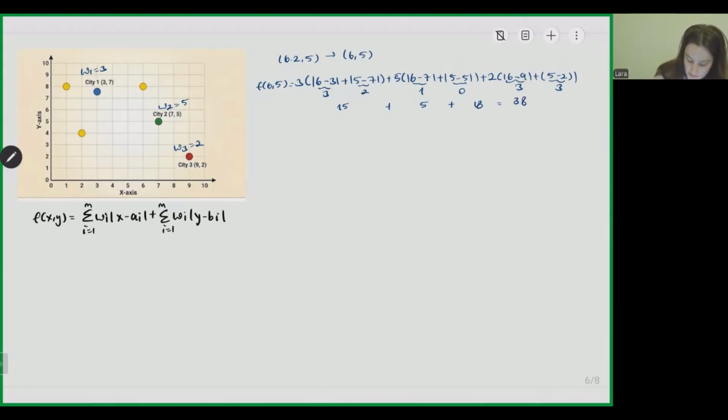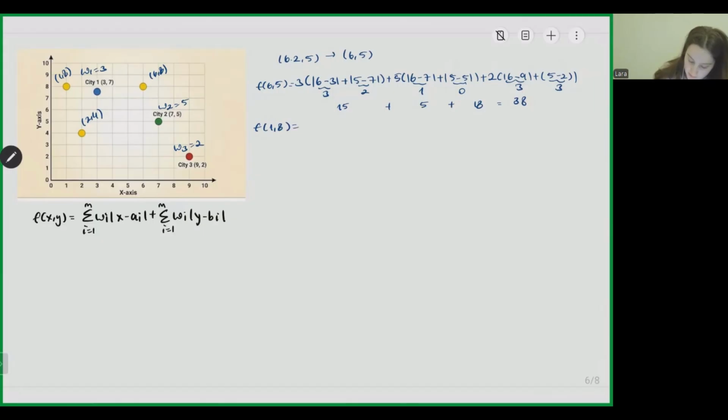Let's continue for the yellow dots. So what do we have here? We have 1,8, 2,4, and 6,8. These are our possible options. So let's start with 1,8.